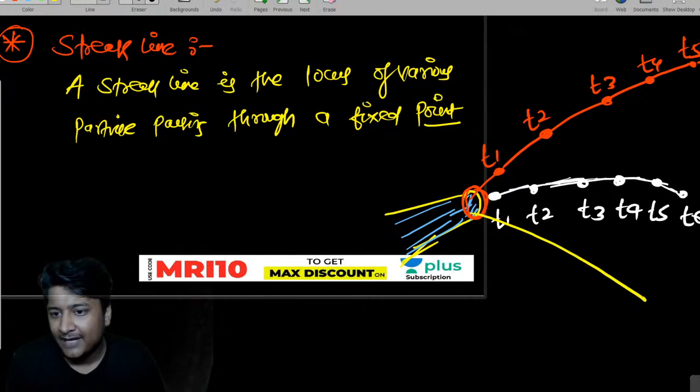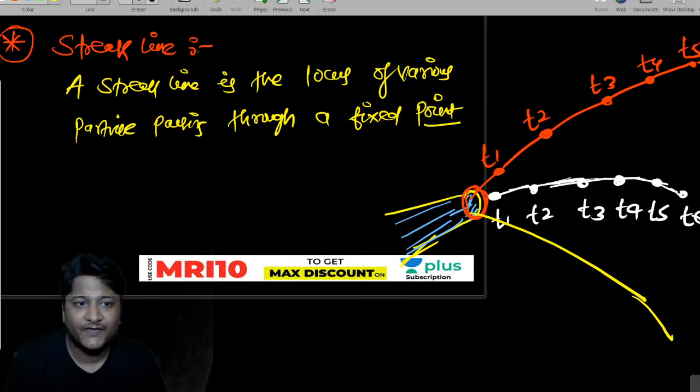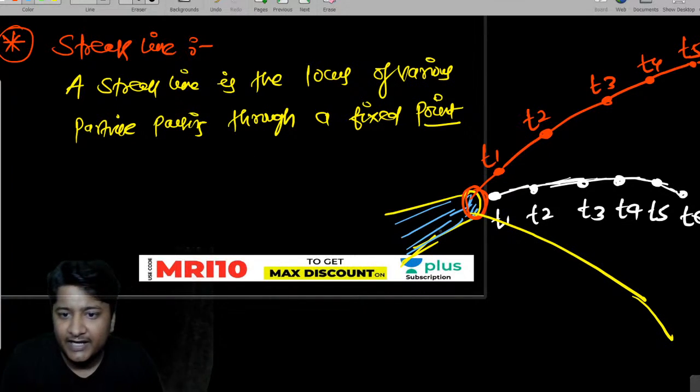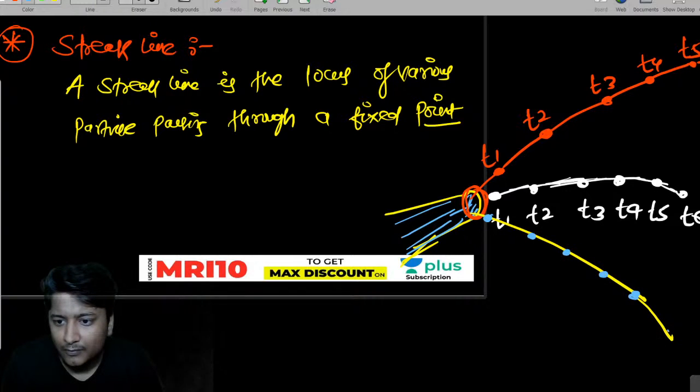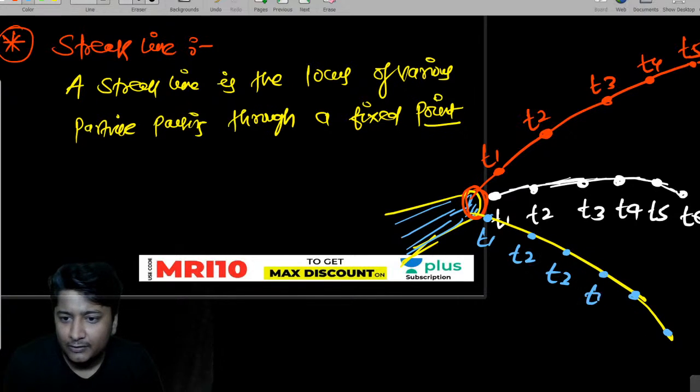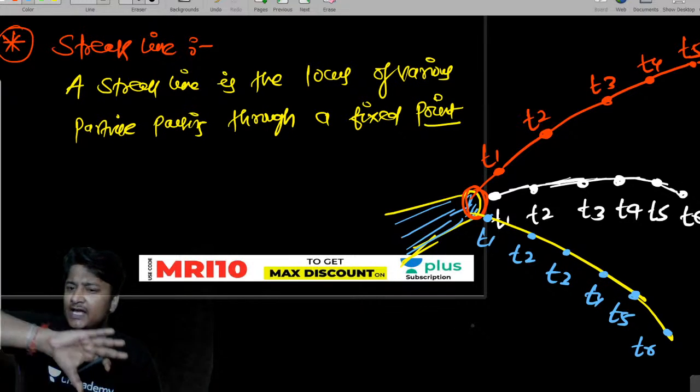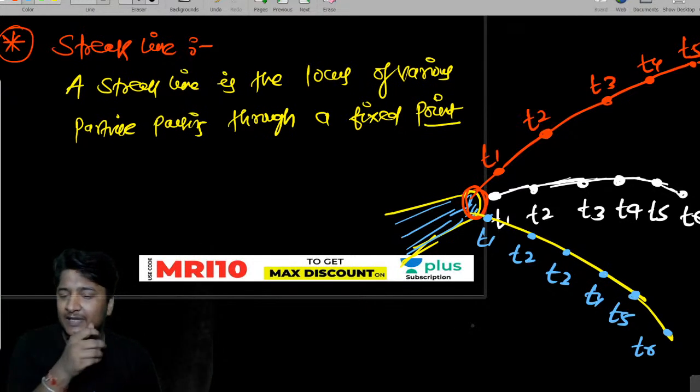At the same time, a different particle, a different path, again at T1, T2, T3, T4, T5 and T6. All are nothing but path lines.